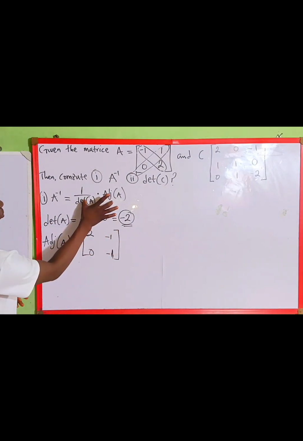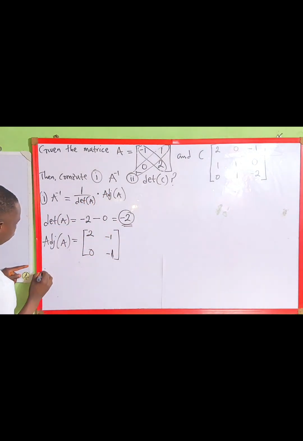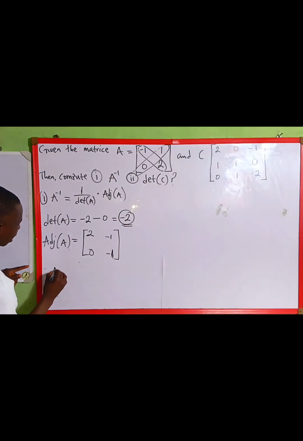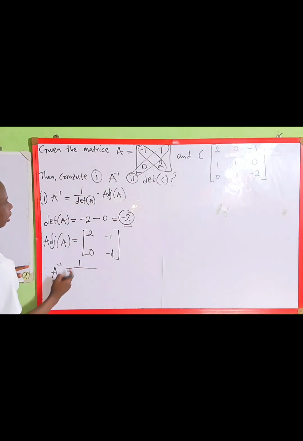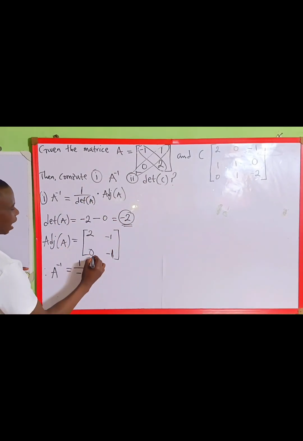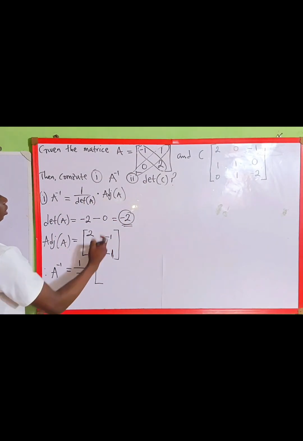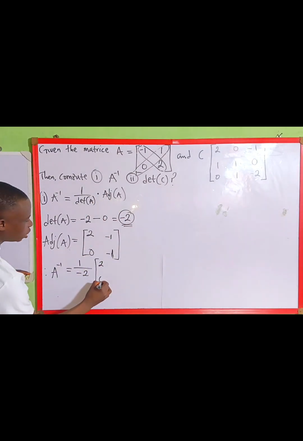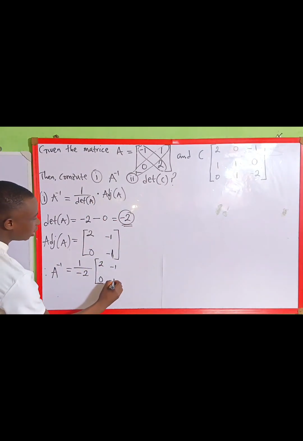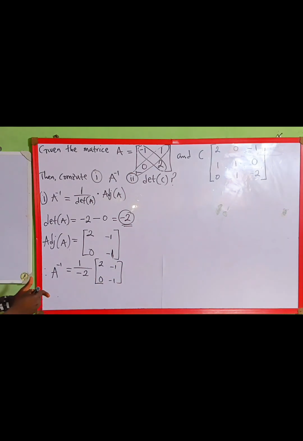Now we're going to substitute into this formula. So the A inverse now will be equal to 1 all over the determinant of A, which is -2, multiplied by, then we put it in the bracket, the adjoint of A. So look at our adjoint: 2, 0, -1, then -1. Now all we need to do is to use this 1 all over -2 to multiply by each element in this matrix.